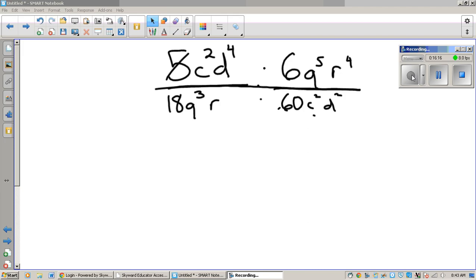I simplified 5 and 60. So the 5 became 1. That just canceled that one out. And this becomes 12. And then I saw here 12 and 6. That's 1 and that's 2.